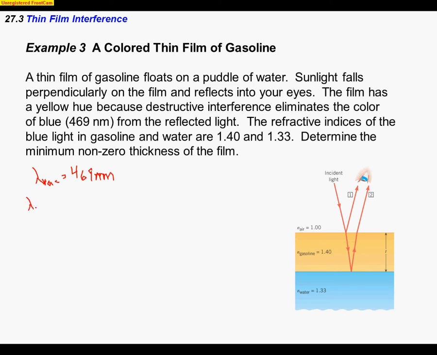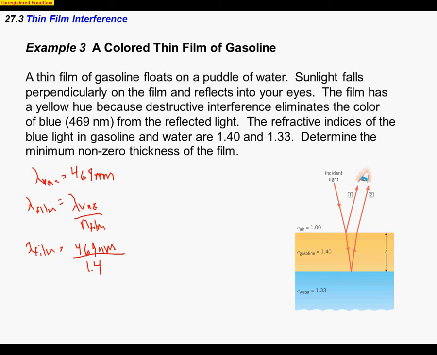So wavelength in the film is going to be wavelength in a vacuum divided by index of refraction of the film. And that's the gasoline. So we have our wavelength in our film is going to equal 469 nanometers divided by 1.4.